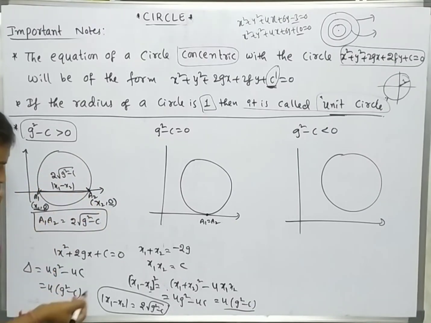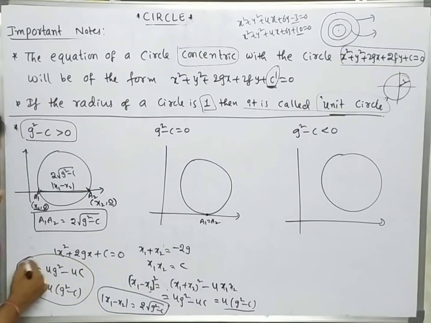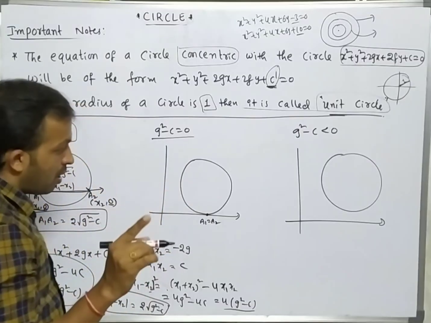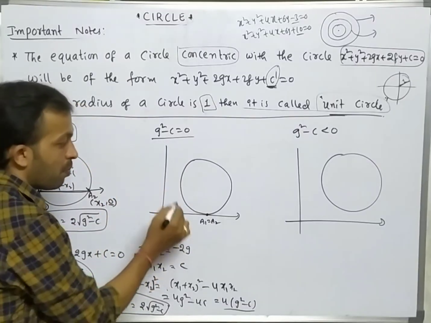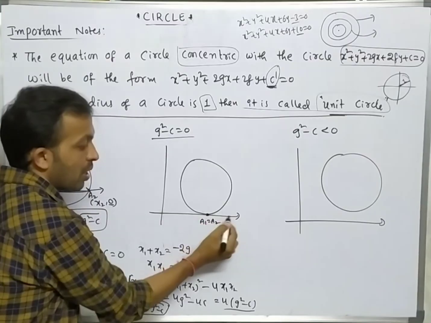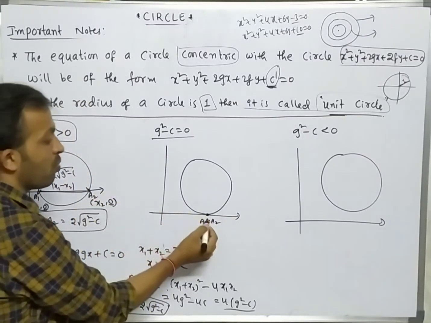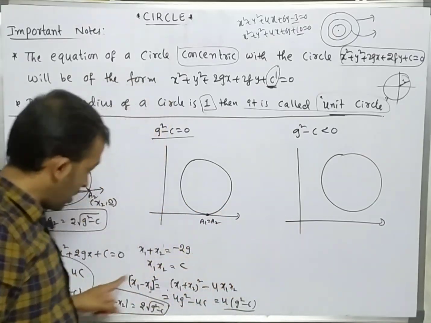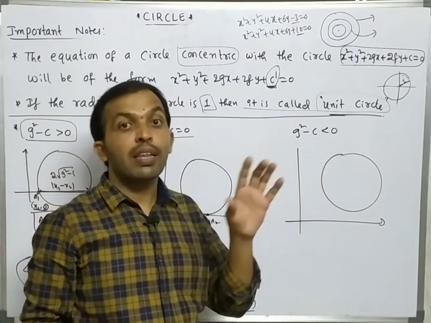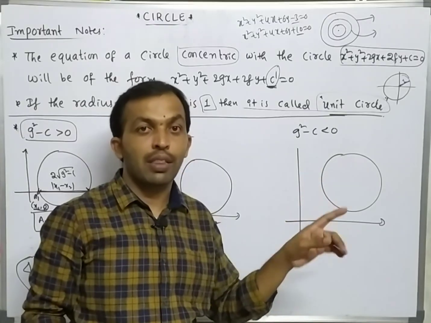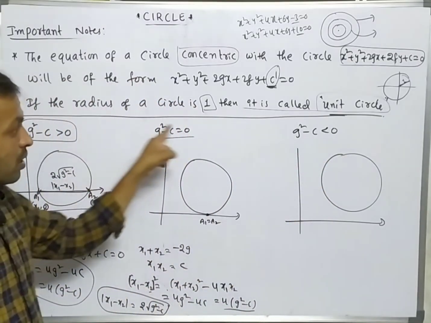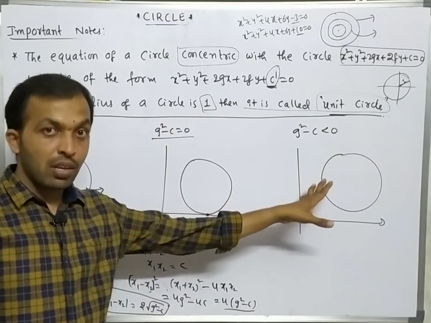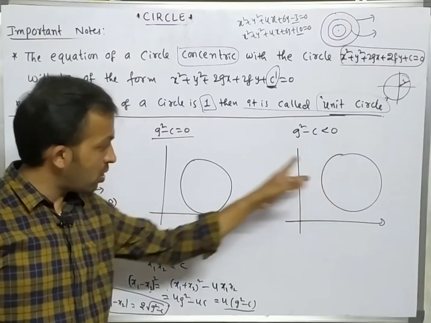If the discriminant is equal to 0, then g square minus c is equal to 0, there is only one root, which means the circle touches the x-axis, and a1 and a2 coincide. If g square minus c is negative, that means the discriminant is negative, then the circle will not touch the x-axis. By using these three conditions, we can find whether the circle is touching, not touching or intersecting.